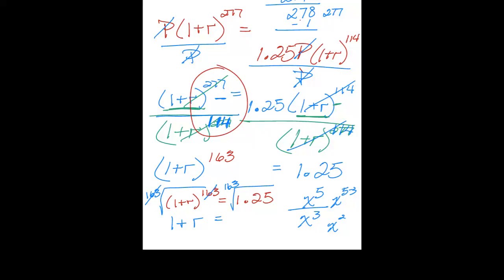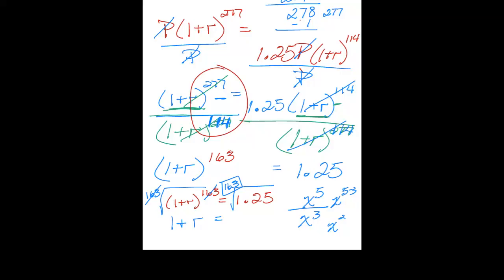On your yellow calculators, you would hit second and the caret button, which is the 5th button down. Let me go back. I think you would put 163 first, then second caret, then put in 1.25.